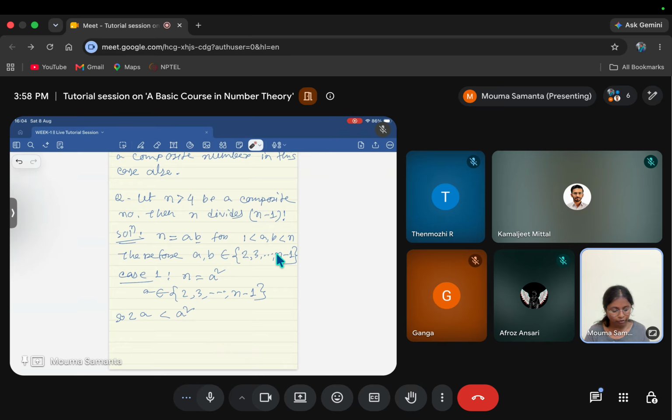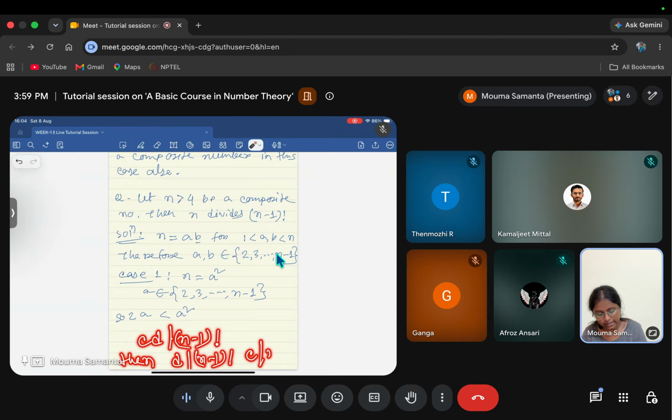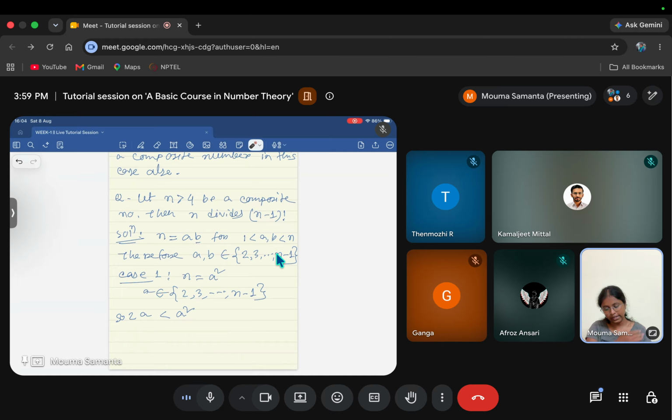Now we are counting in some way: if we can show that c times d divides n minus 1 factorial, then we can say d divides n minus 1 factorial and also c divides n minus 1 factorial. This is the thing we are trying to show.